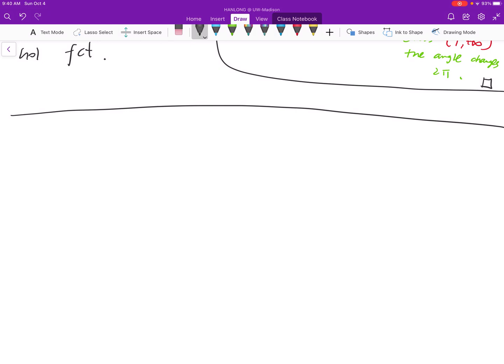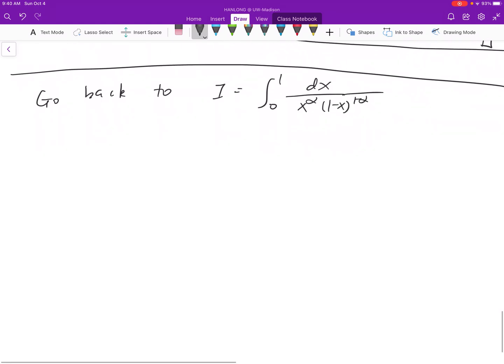Now we can go back to the original integral, the real integral. So good news is that now we can construct a better contour.